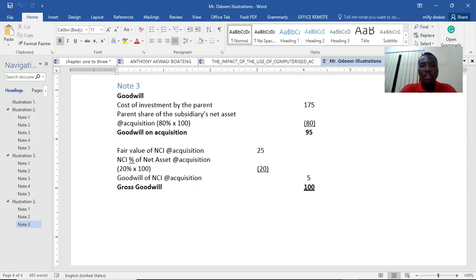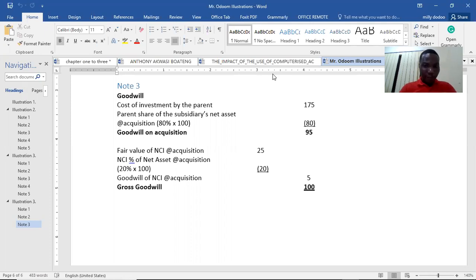So 80% of the 100 gives you 80 Ghana cedis. So the 80% cost in the books is 80 Ghana cedis. But he paid how much? He paid 175. So therefore, the goodwill on acquisition is 95. Once he paid more than the value of the business, he is paying for goodwill. So the goodwill on acquisition is 95.